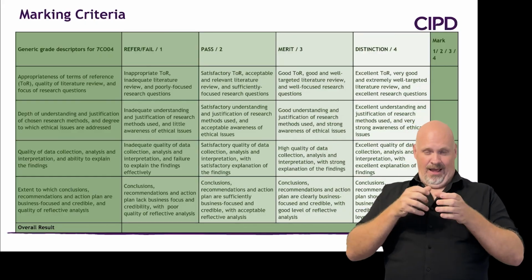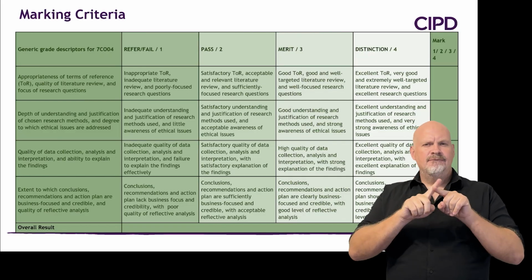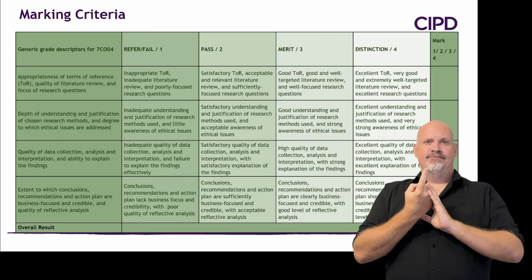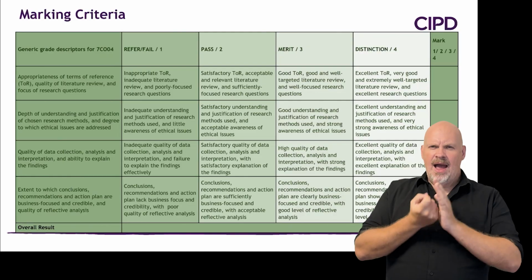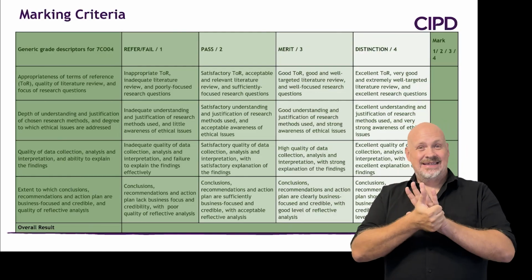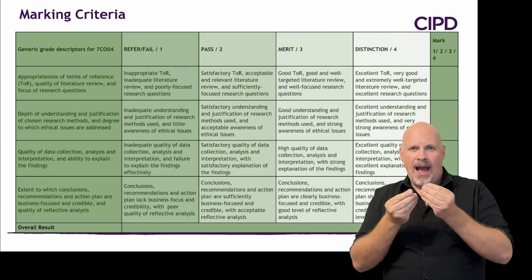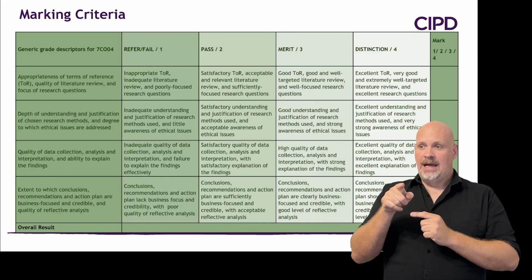It's looking at the quality of your data collection and analysis, how you present and interpret that, and your ability to explain the findings, and that would be the discussion section. And then the last one is the extent to which conclusions, recommendations, and the action plan are business focused and credible, and the quality of your reflective analysis.